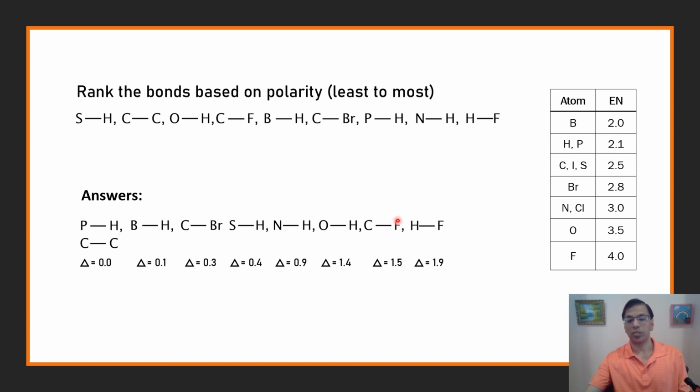For the carbon-fluorine bond, as seen in freons, you have an electronegativity difference of 1.5. And for a hydrogen-fluorine bond, the electronegativity difference is 1.9. It's a very, very polar bond, because fluorine is the most electronegative element in the periodic table.